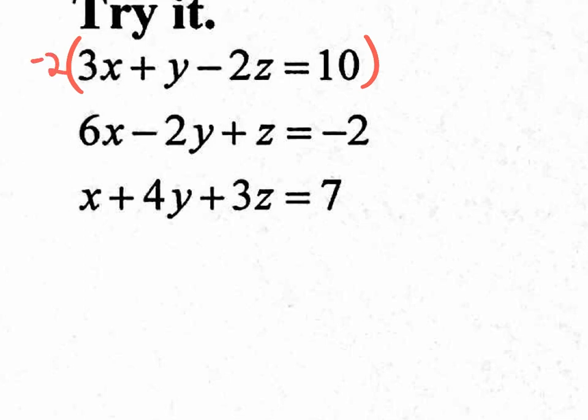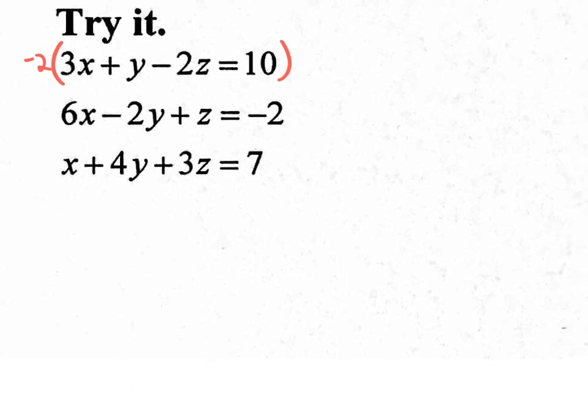Times it by -2. So everybody please put parentheses around that first equation, put a -2 on the outside, and we're going to multiply that whole first equation by -2. So let's rewrite it right here, nice and neat. -6x, -2y, plus 4z. And of course, that's going to equal -2 times 10 is -20.